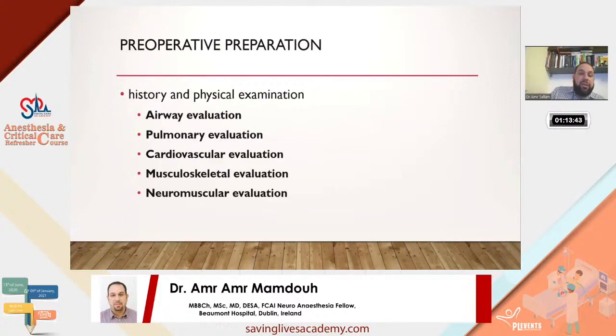So let's discuss the patient and how we are preparing this patient, and what the preoperative optimization is. I'd like to discuss that in 5 major points. These 5 points have to be remembered, and I remind them like that. First of all, airway evaluation. Airway management for patients presenting for spine surgery, specifically cervical or upper thoracic surgery, should be planned well.